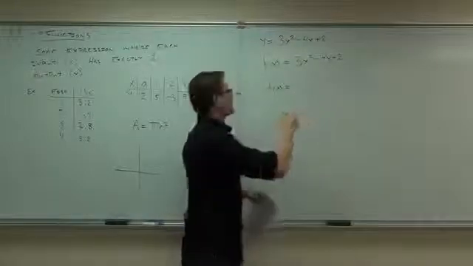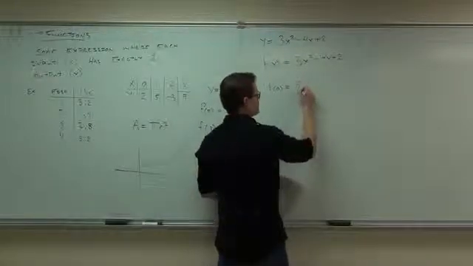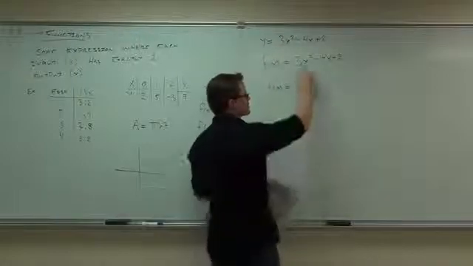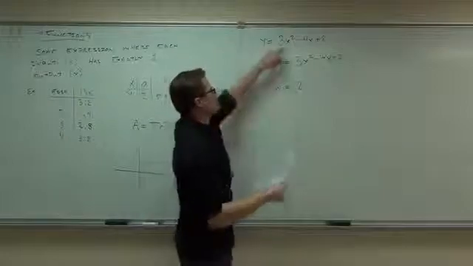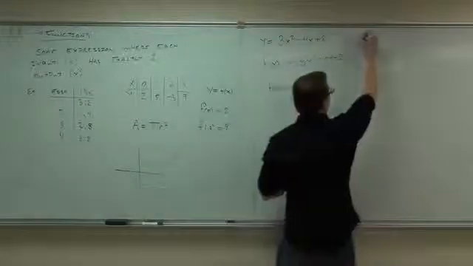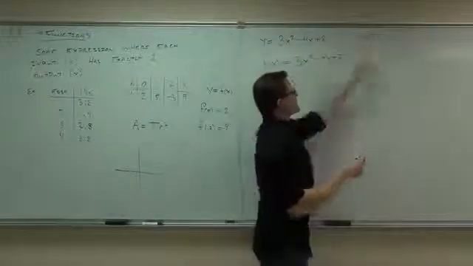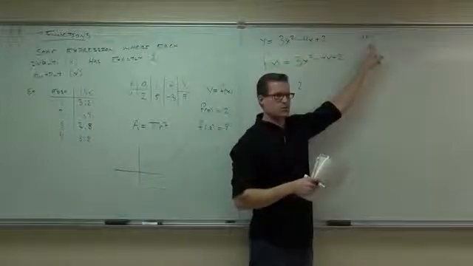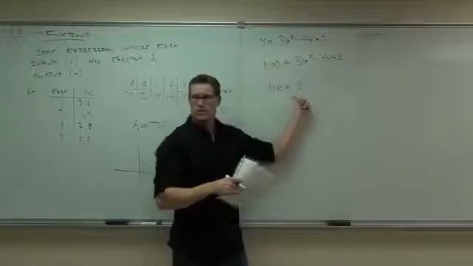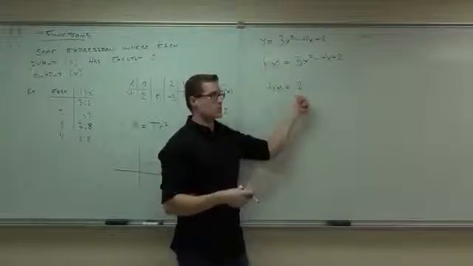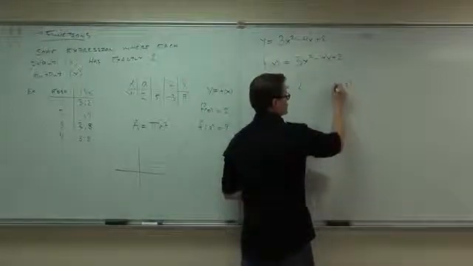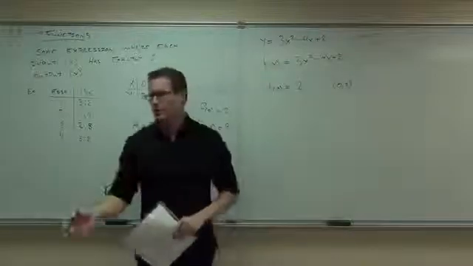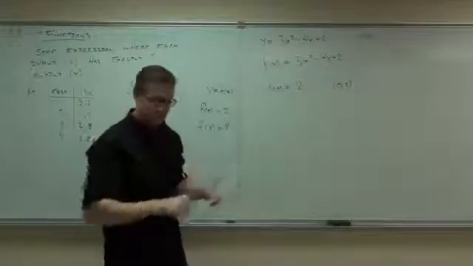Yes, 2. What's nice about this is that if you plug in 0 from this one, you get y equals 2, but does that tell you what you plugged in to get the 2? No. Does this one tell you what you plugged in to get the 2? Yes. This actually gives you a coordinate point. It says you plugged in 0, you got out 2. And that's kind of nice. This is one other reason why we use function notation.